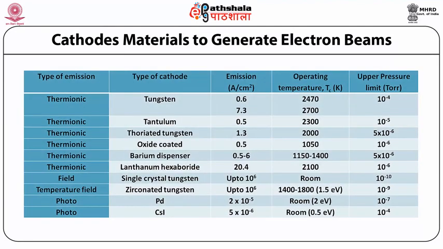Cathode materials. The thermionic cathodes are generally thoriated tungsten, lanthanum hexaboride, oxide coated, nickel coated, or tungsten sponge filled with barium or calcium aluminate, which are used as sources.